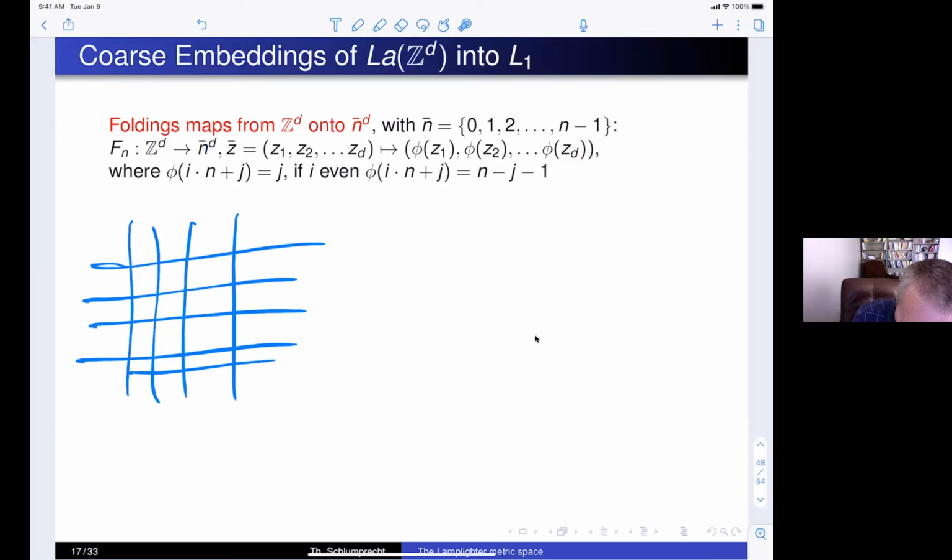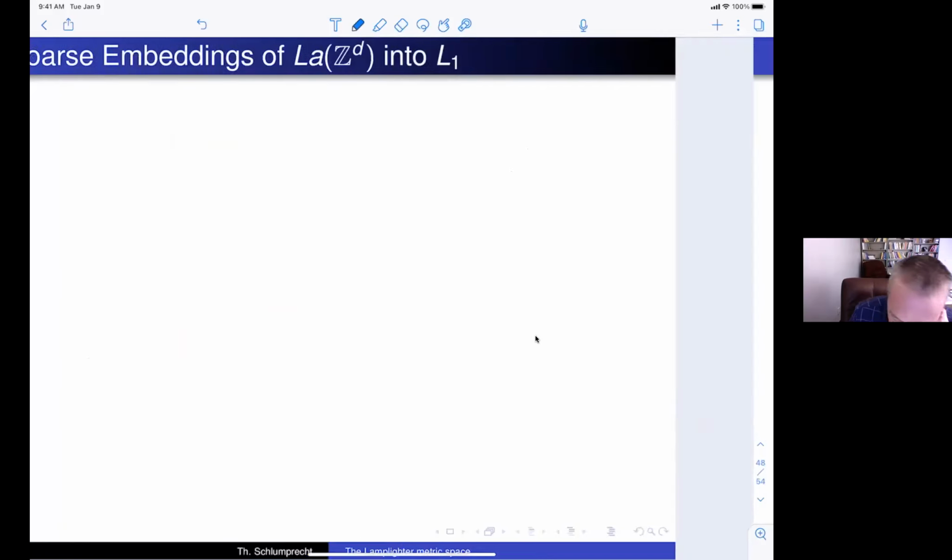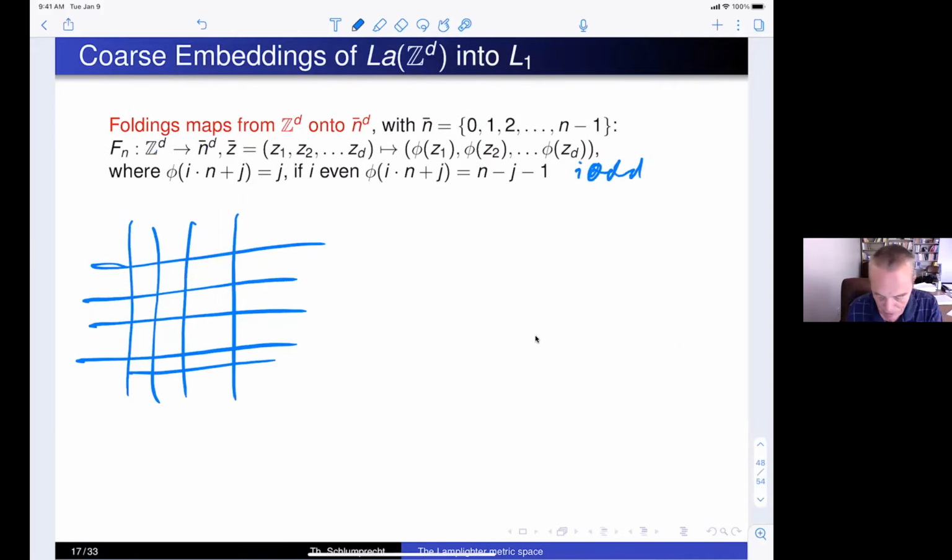How do I define phi(i)? Every number can be written as a multiple of n plus j, where j is smaller than or equal to n minus 1. If i is even, I use the modulo map. But if i is odd, then I'm using kind of the inverse, n minus j.